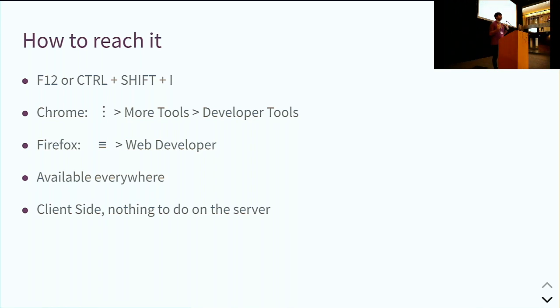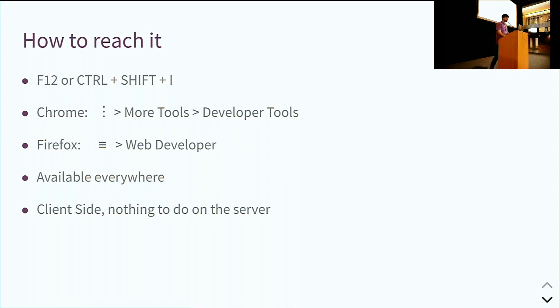So if someone is showing you an error, you say, okay, just open your browser debugger tool and let's see what's happening. And since it's client side, you don't need to touch your server. So it's safe on your production server. You don't need to access it. You don't need to read the log. You don't need to, of course, stop it to put in some print or debug point.